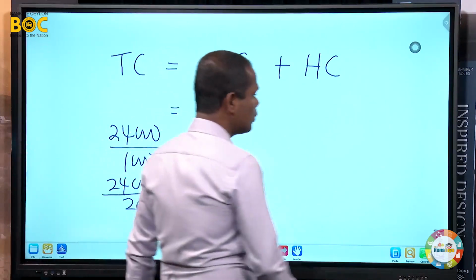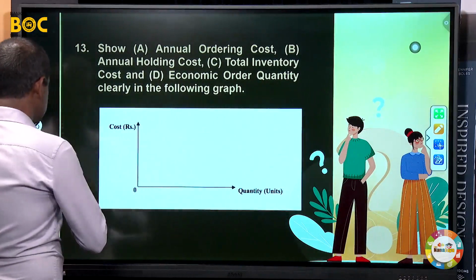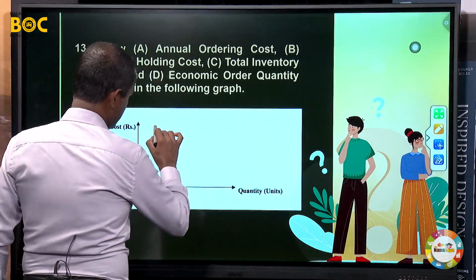As a result, your ordering cost reduces.